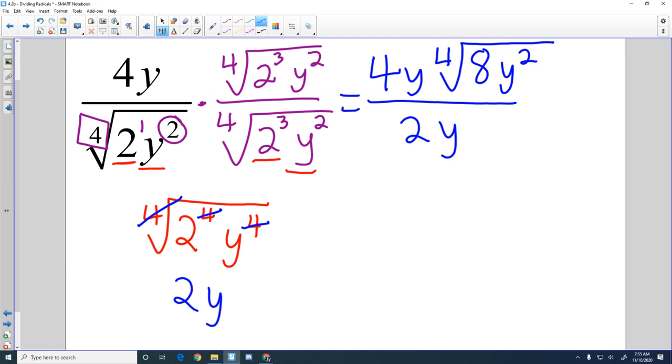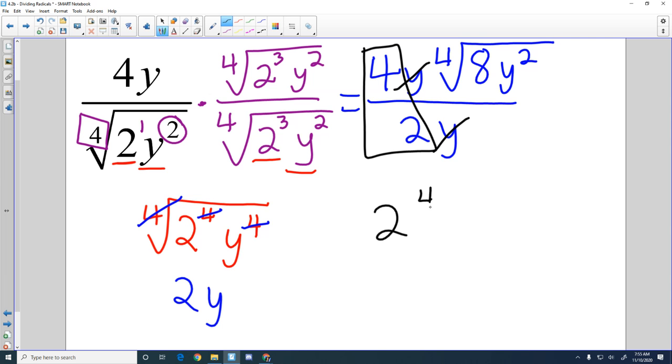Can I simplify anything further? If I look at that fraction, look at the numerator and denominator, are there some things that can cancel out or simplify? Yeah, so look at those coefficients first. I have 4 over 2. Well, 4 divided by 2 is just 2. The next one, I've got y over y. Those would also just cancel out. Anything divided by itself equals 1.